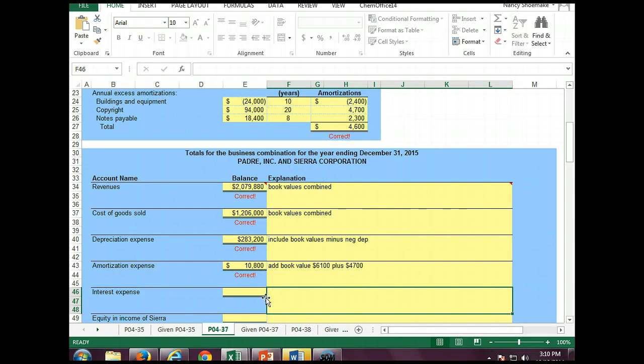So what are those two numbers I told you? 52,100 and 9,200. Gives us 61.3. And then we need to add to that the 2,300 up here, the amortization from the notes payable. Gives us our 63.6, right?